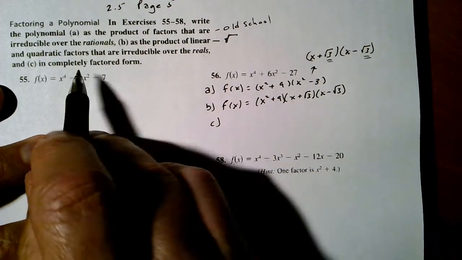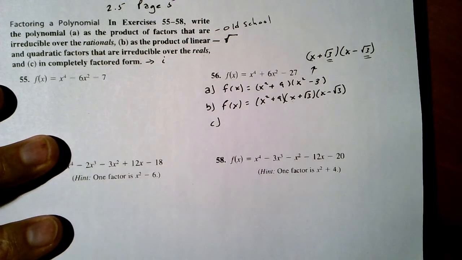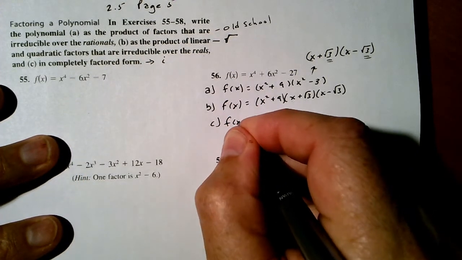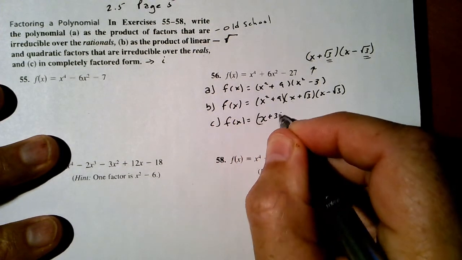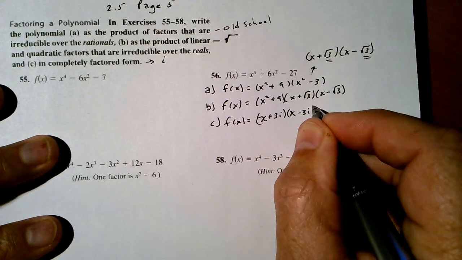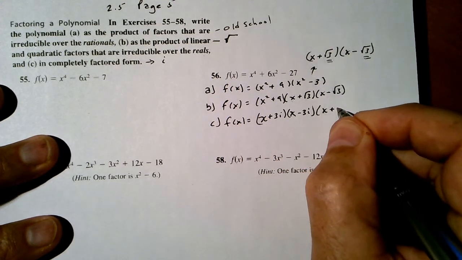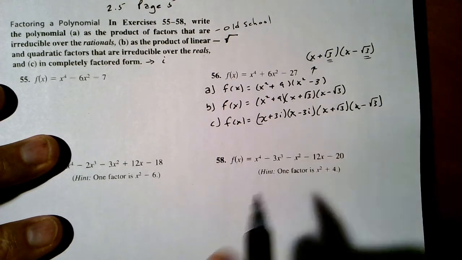And then C, in completely factored form, we can introduce i. So f of x equals x plus 3i times x minus 3i times x plus square root of 3 times x minus square root of 3.